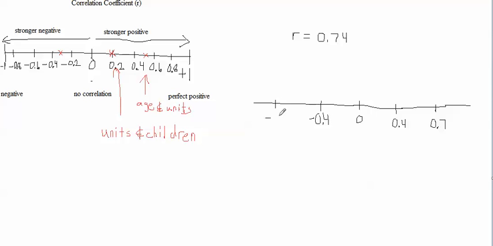These are just rough guidelines. Anything between 0 and 0.4 would be a weak positive.